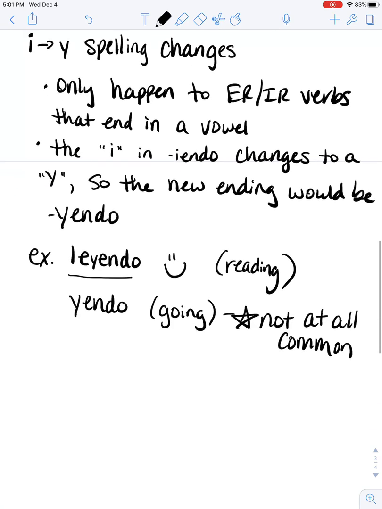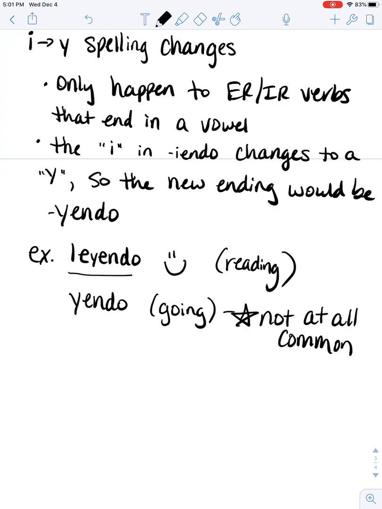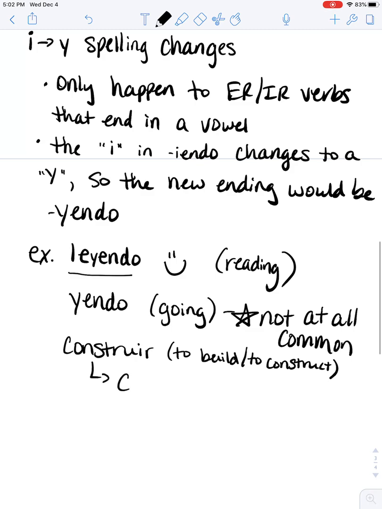Another verb that is going to be common, that's going to come up for you, is the verb construir. Which means to build or to construct. Construir works this way as well.